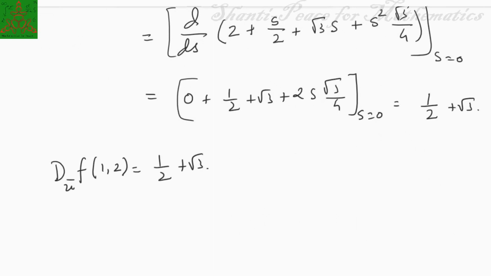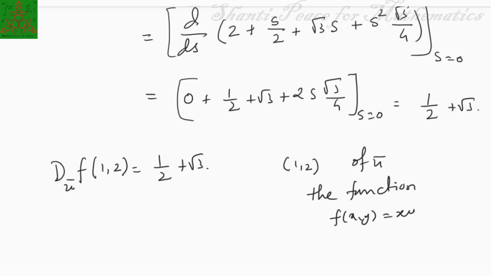Now what is the interpretation? What is the conclusion is, if we move a small distance from the point (1, 2) in the direction of u bar, the function f of xy is equal to x into y will increase by about this much value.